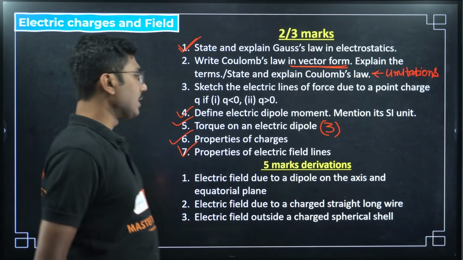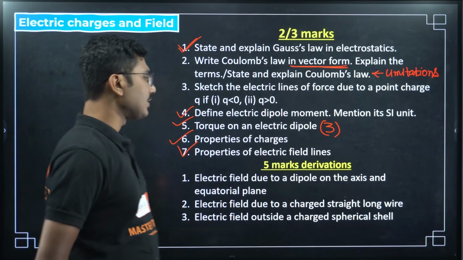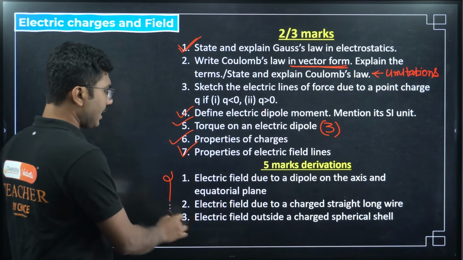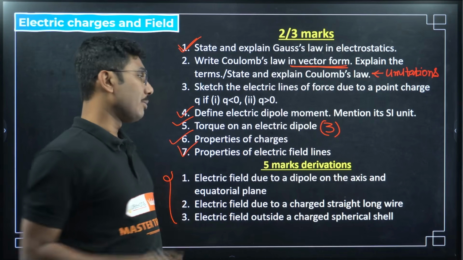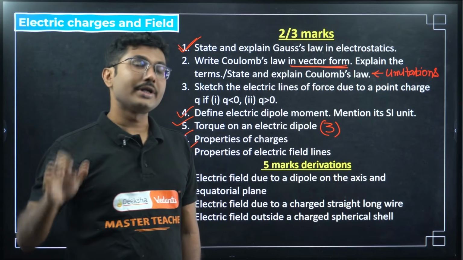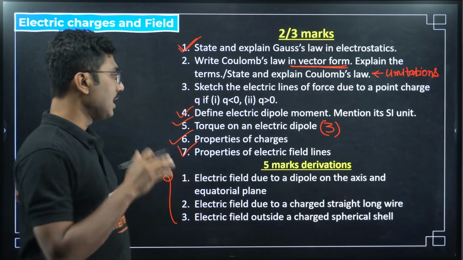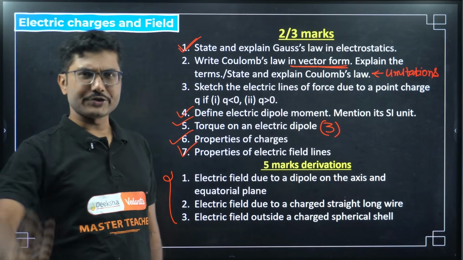Electric field due to a charged straight long wire. Electric field outside a charged spherical shell. So these are the 3 important derivations. Okay, electric field due to a charged straight long wire came last year, but for FA-1 you cannot predict which derivation will come. So all the derivations you have to practice, right? Electric field due to a dipole on its axis, on equatorial plane, both derivations.